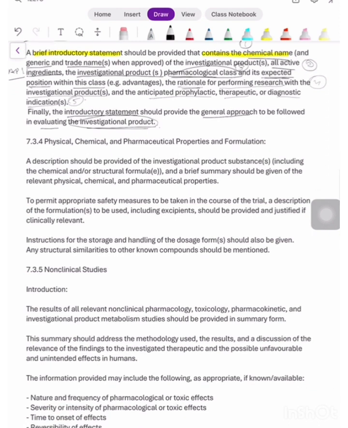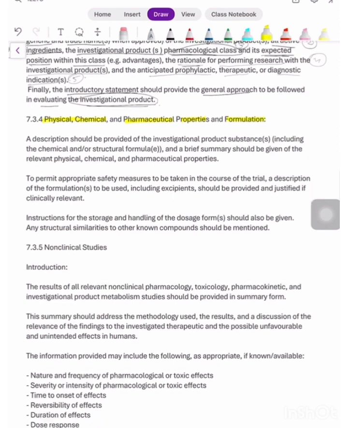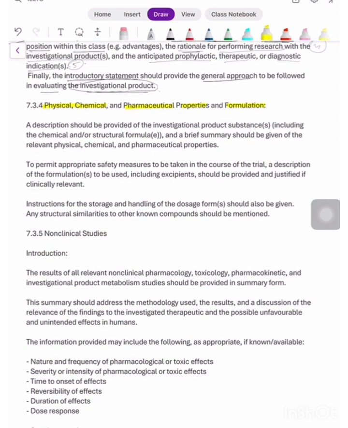Moving on, next is physical, chemical and pharmaceutical properties and formulation. A description should be provided of the investigational product substance, including the chemical and structural formula. A brief summary should be given of the relevant physical, chemical and pharmaceutical properties. To permit appropriate safety measures to be taken in the course of the trial, a description of the formulation to be used, including excipients, should be provided and justified if clinically relevant, because sometimes your API might not be the sole reason for a safety concern.